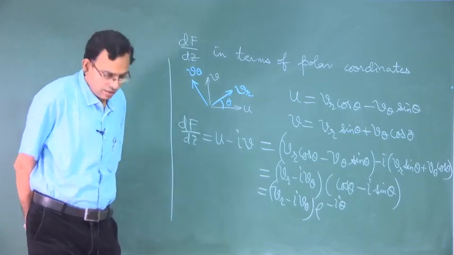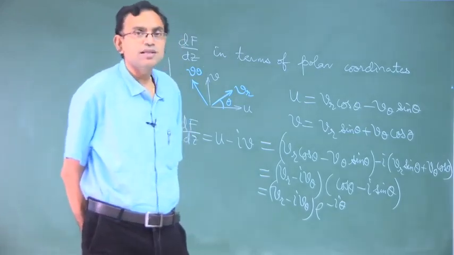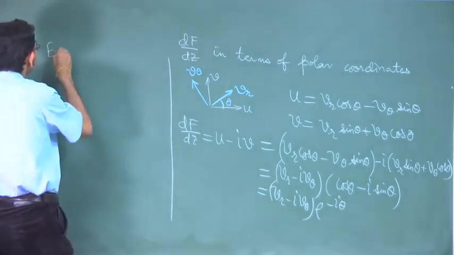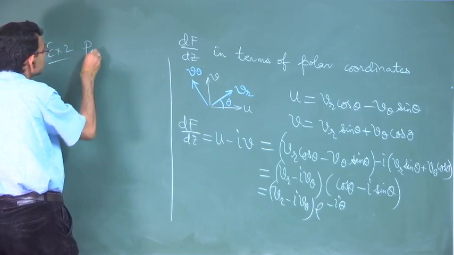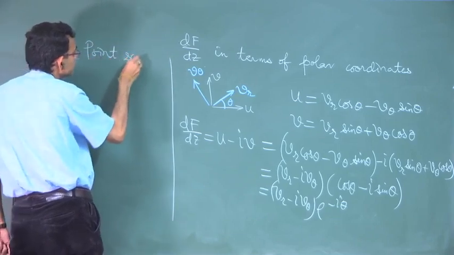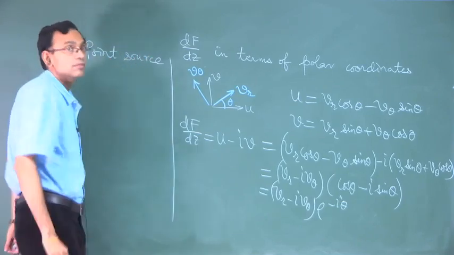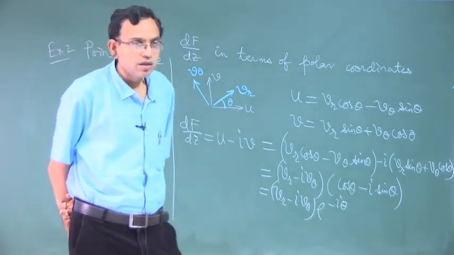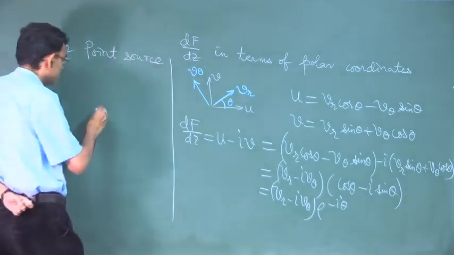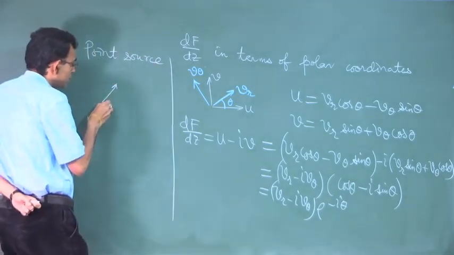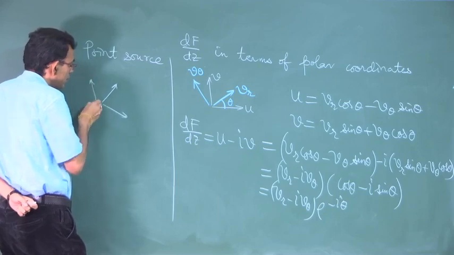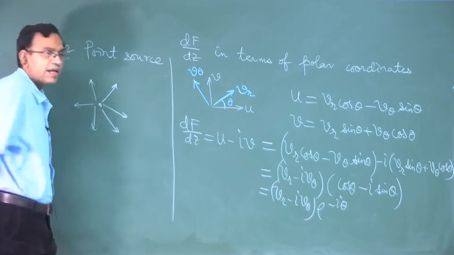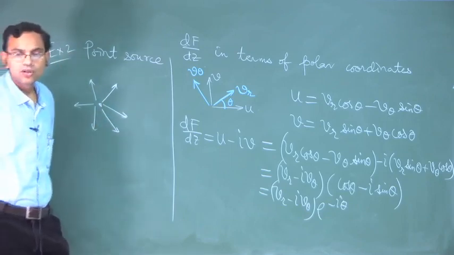With this in purview, we will consider our next example, which is called a point source. What is a point source? A point source is a point from which you have a radial spreading of flow.